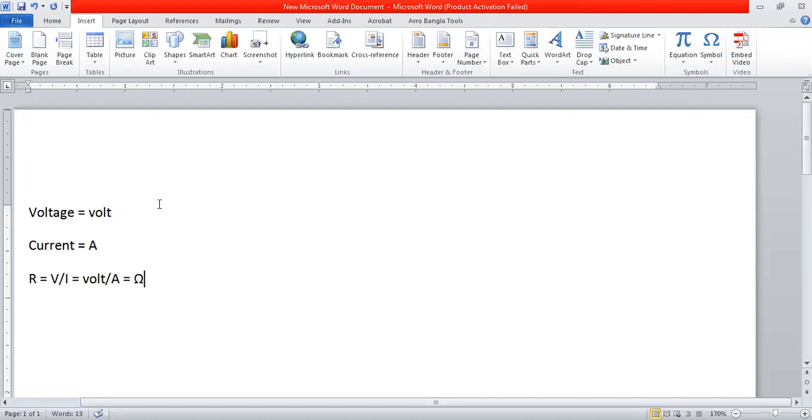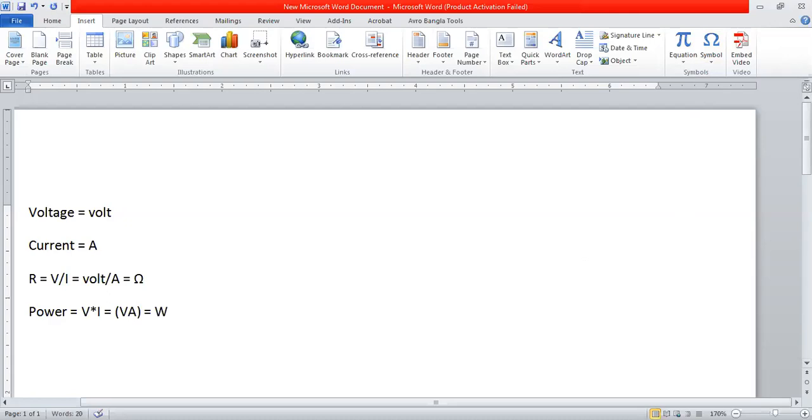Like if we want to calculate power, we know power is equal to voltage into current, and the unit is volt ampere, or watt.